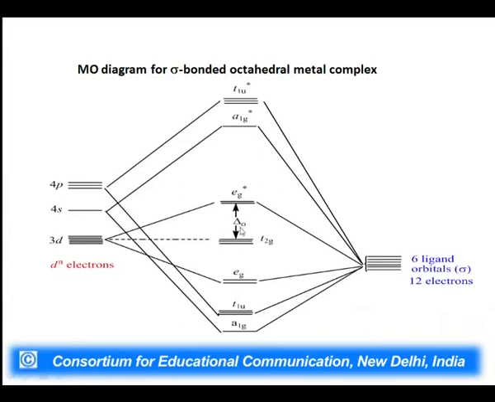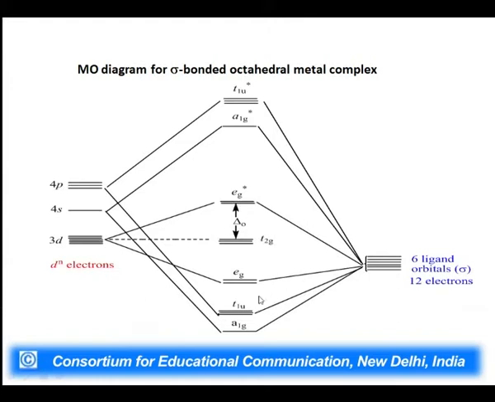That means this separation in energy level, once again like in CFT, is going to decide whether the electron configuration in the various MOs will be singly occupation of T2G first, then EG, or it is going to be first T2G getting T2G6 configuration, that means all 6 electrons getting paired up here, and then the 7th entering into the EG. That also, once again, as we discussed in the CFT, becomes the basis for the order of filling of electrons.